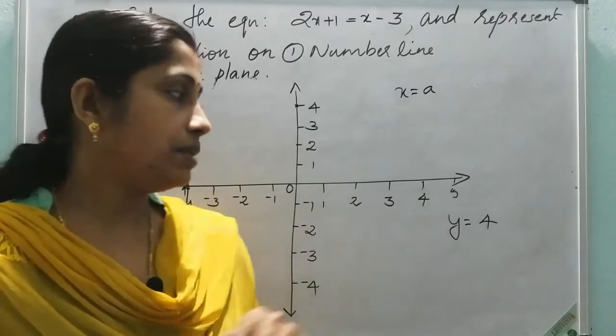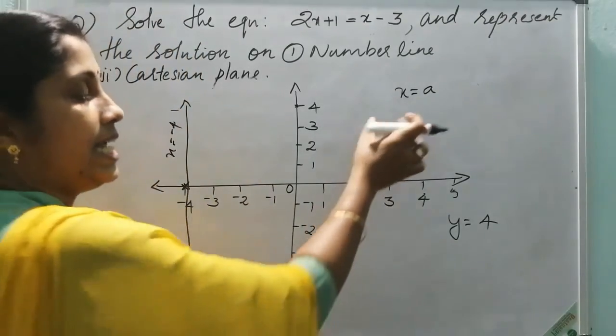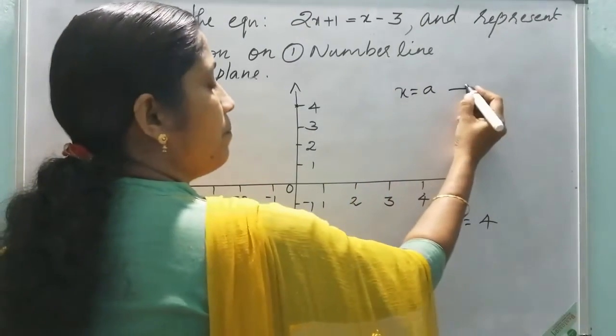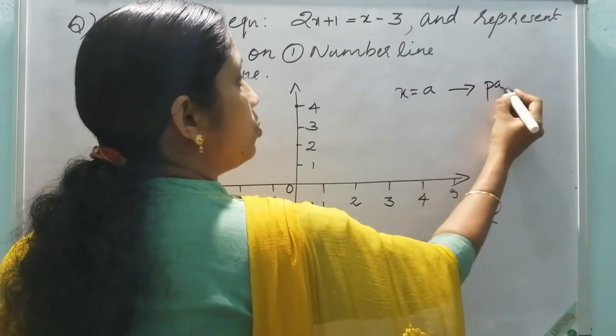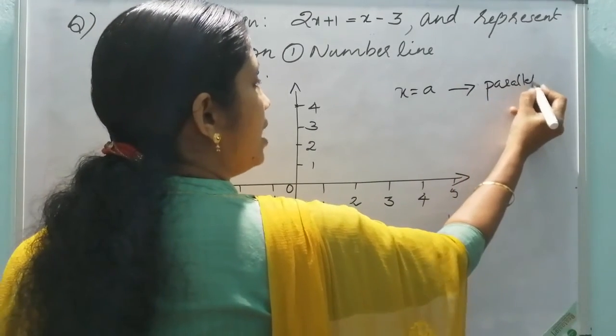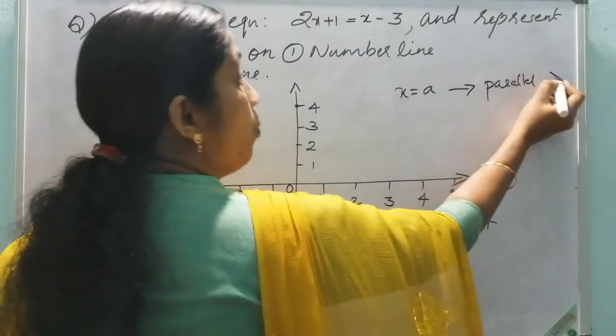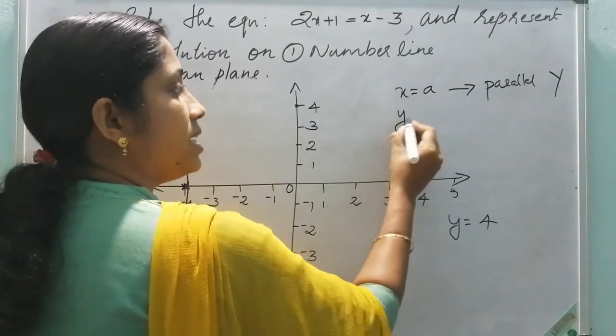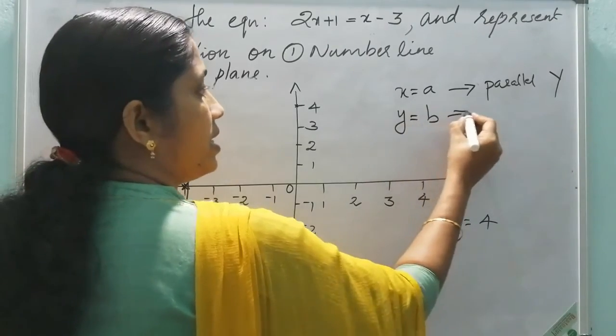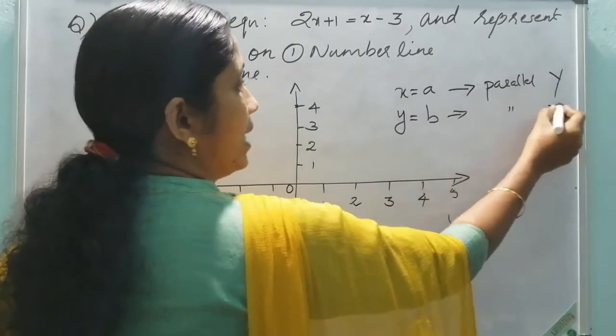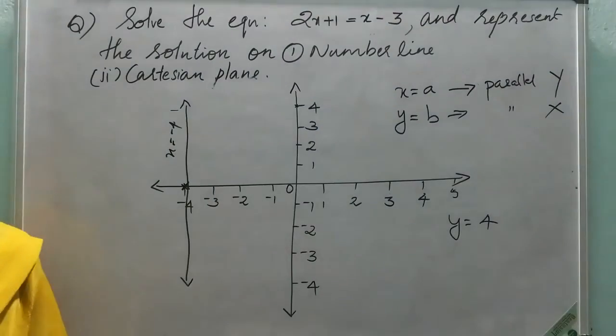You have to remember that, note it. We can say x is equal to a is a line that is parallel to which axis? Parallel to y axis. Then y is equal to b, generally we are saying it is parallel to x axis. Okay, then you have to write down the note there.